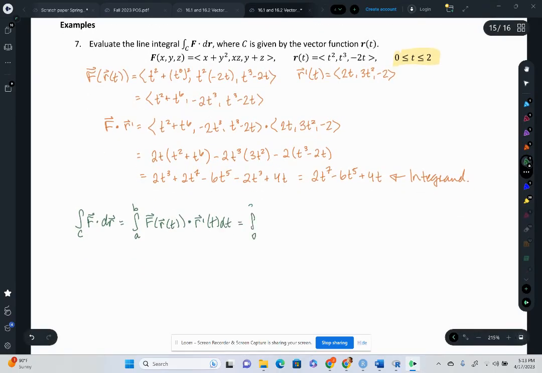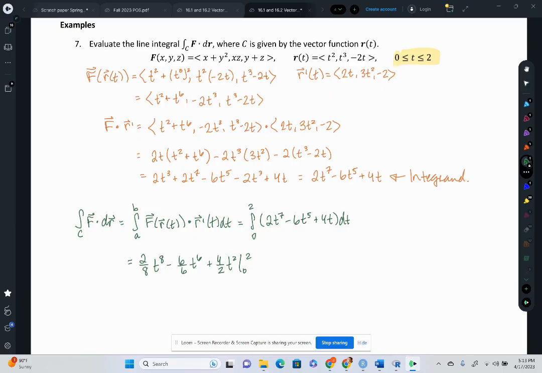We have the integral from 0 to 2 of 2t to the 7th minus 6t to the 5th plus 4t dt. Now we just integrate. This gives us 2 over 8 t to the 8th minus 6 over 6 t to the 6th plus 4 over 2 t squared, from 0 to 2.